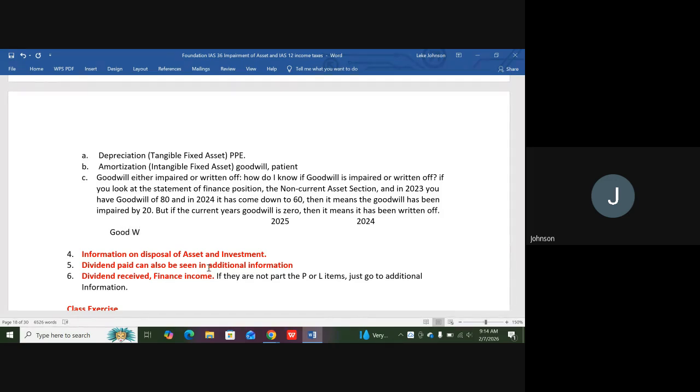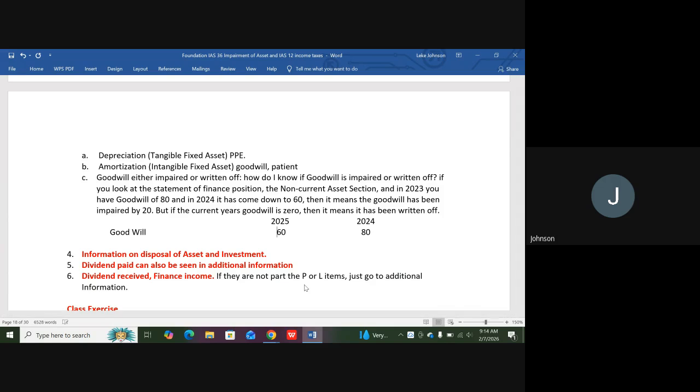In 2025, let's say you have goodwill to be 60 million. Then in 2024, probably you have goodwill to be like 80. Now, if you check it, in 2024 it was 80, and now it is 60. Therefore, something has happened to that goodwill. That goodwill has been reduced.